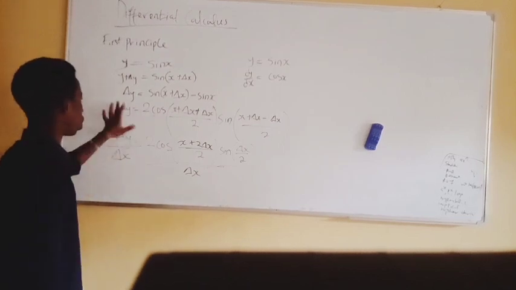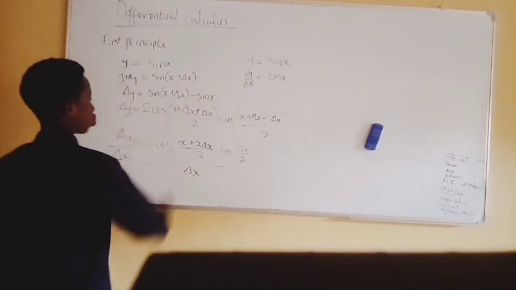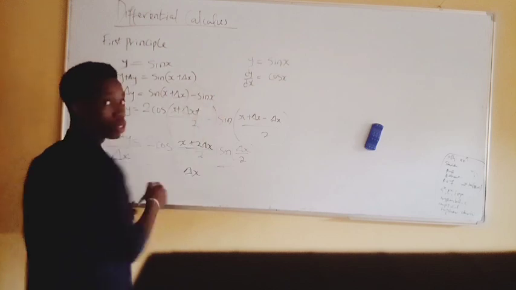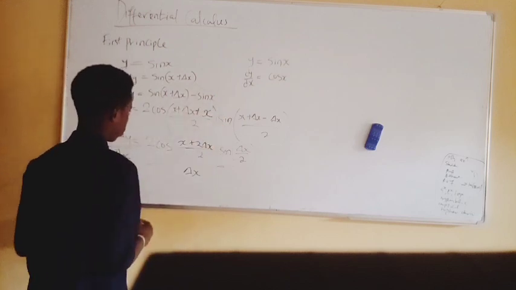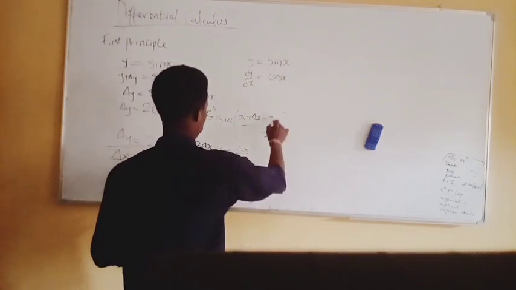I will remember we said sine A minus B. So sorry, here should not be delta x, because B is x. So B is x. Here is also x, not delta x, sorry.